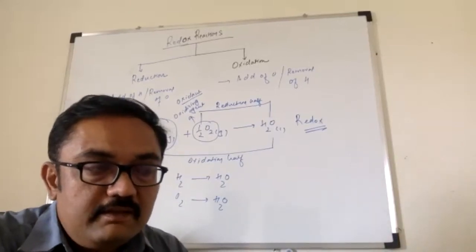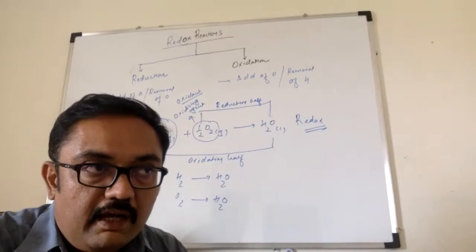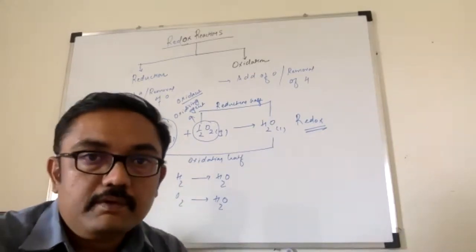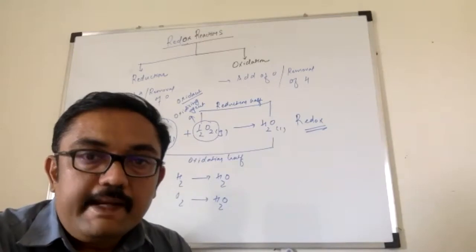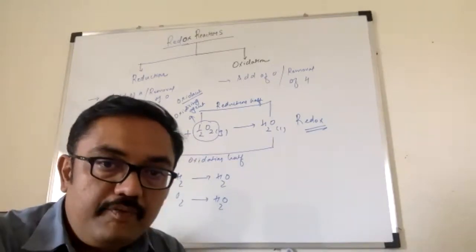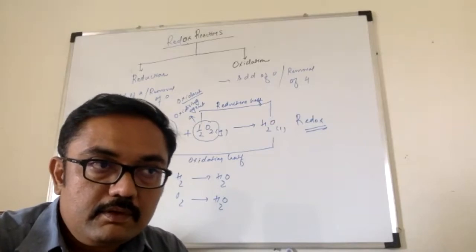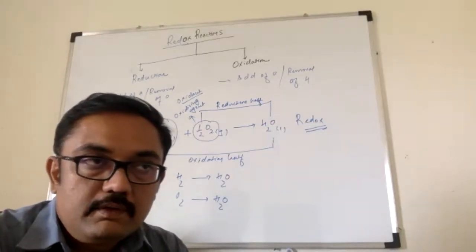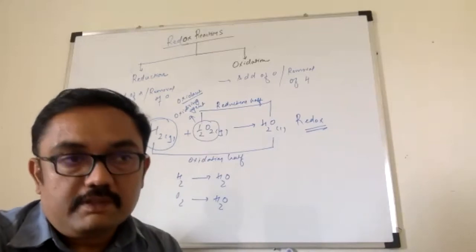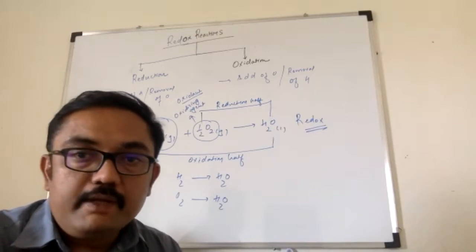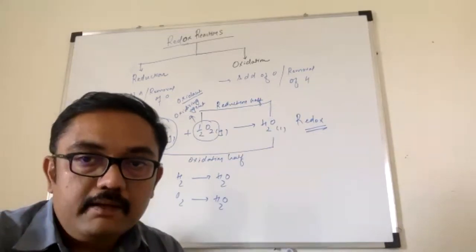The second question is, identify reduction half and oxidation half. And write down the third question. The third question is, identify reducing agent and oxidizing agent.